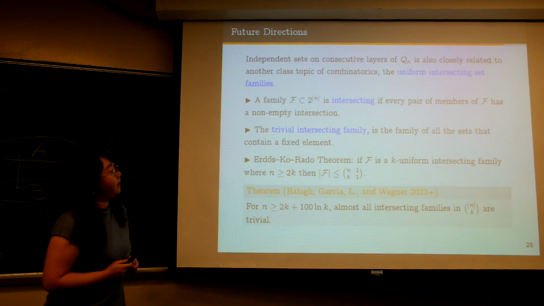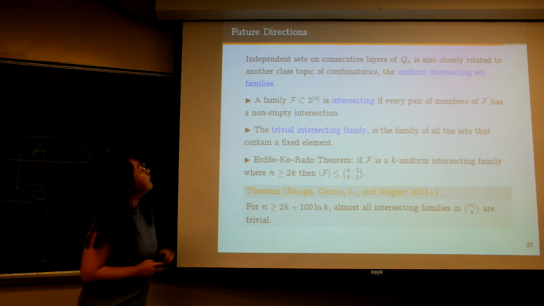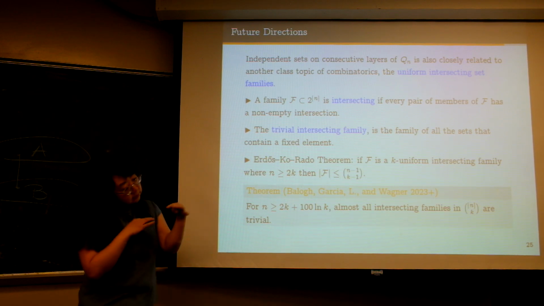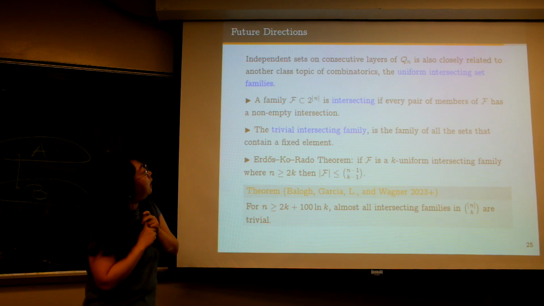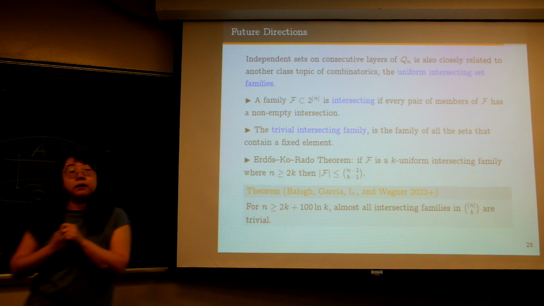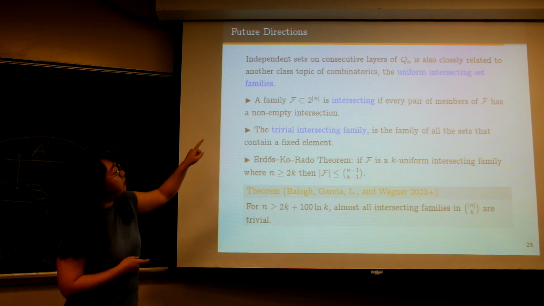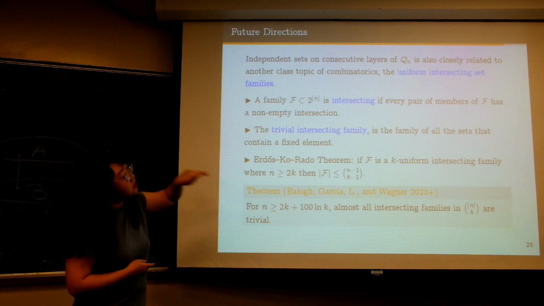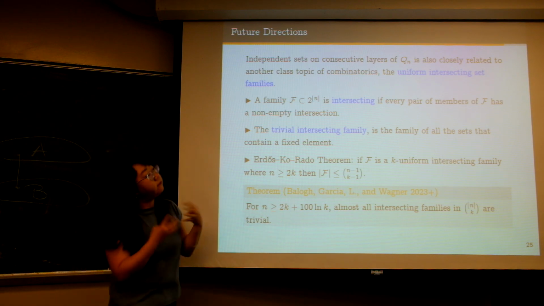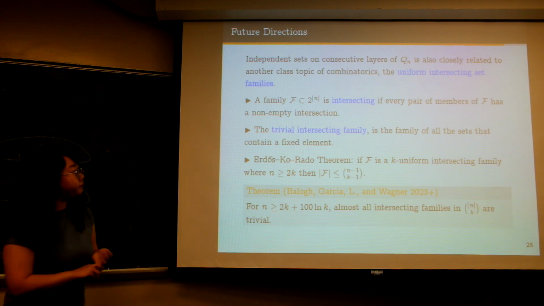And another topic, intersecting families. Actually, independent sets on consecutive layers of the hypercube are closely related to uniform intersecting set families. So take a set family from 2 to the n. We say this family is intersecting if every pair of members in the set family has a non-empty intersection.